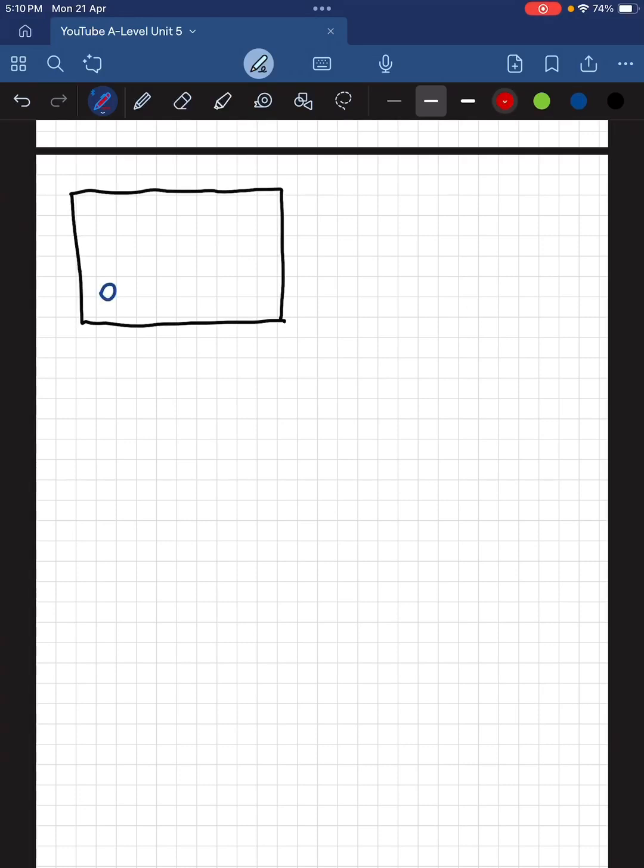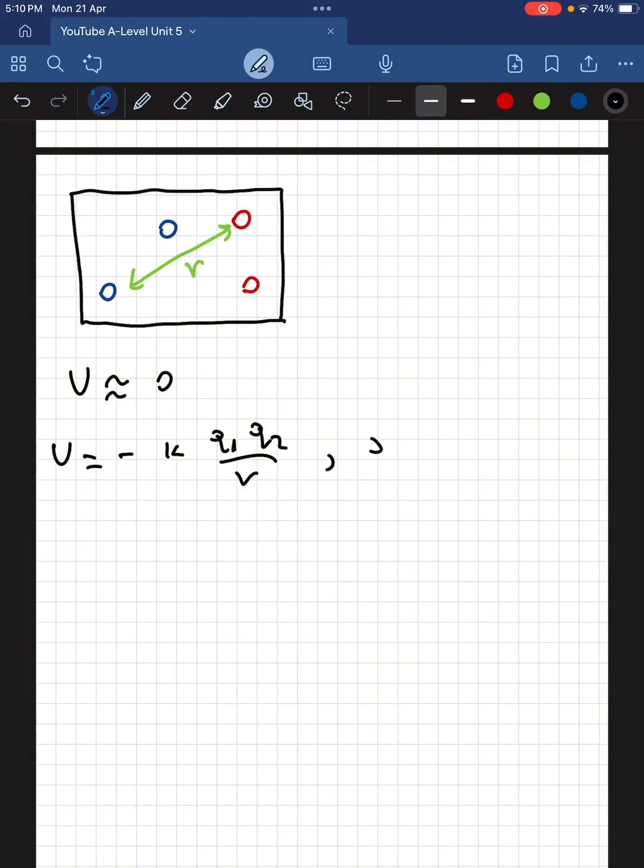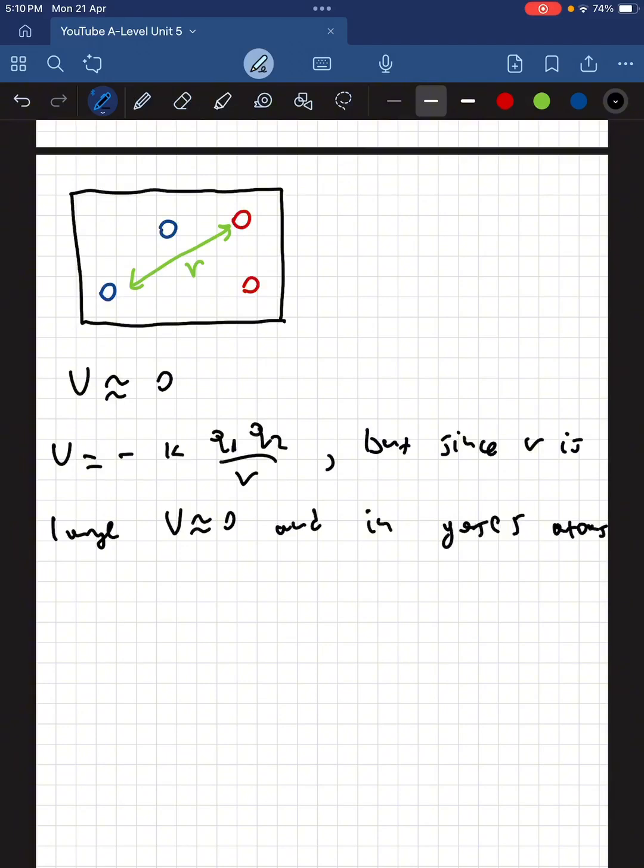Now I'm gonna have my positive ions and my negative ions still, but there will be no structure, and this distance R is much larger, so V is approximately equal to 0, because it's still -kQ1Q2/R, but since R is large, V is approximately equal to 0, and in gases atoms or molecules are free to move.